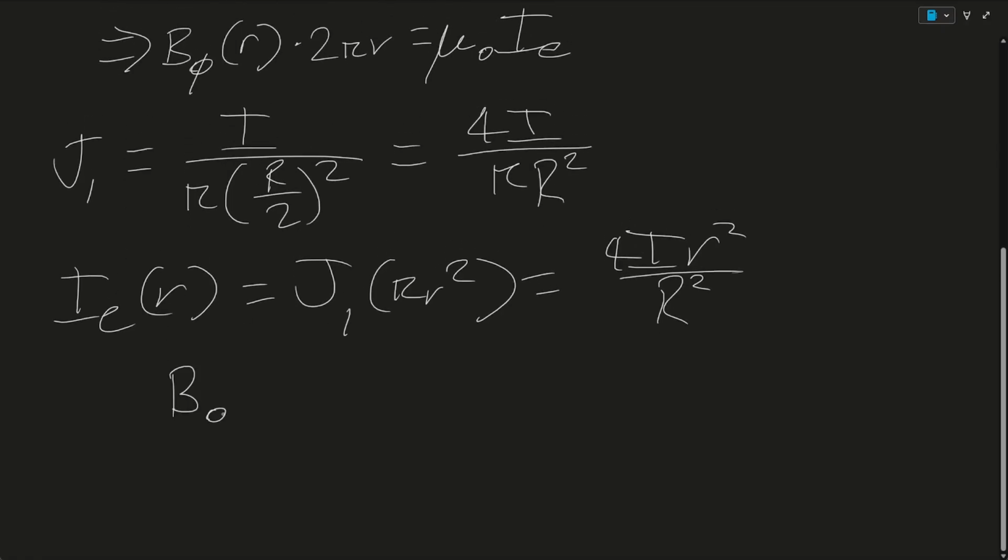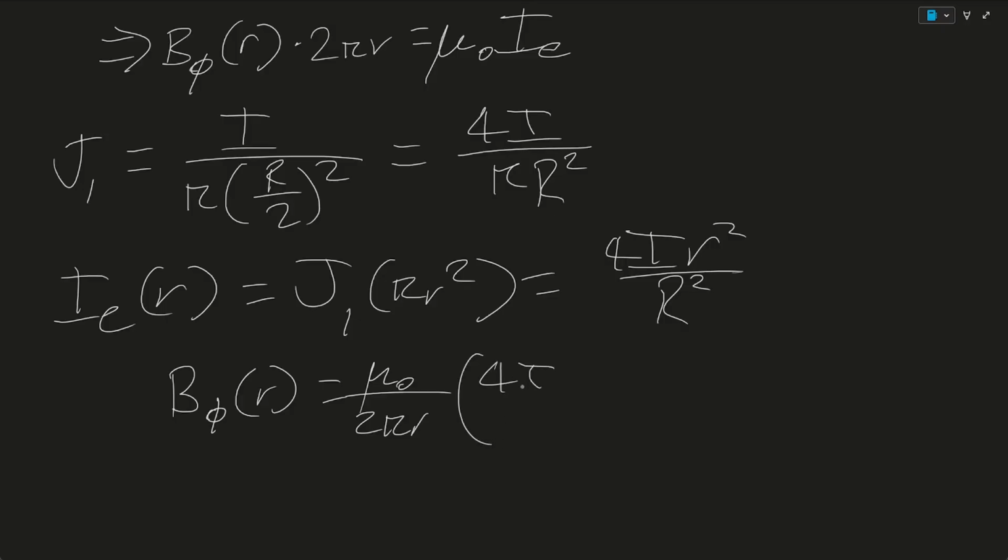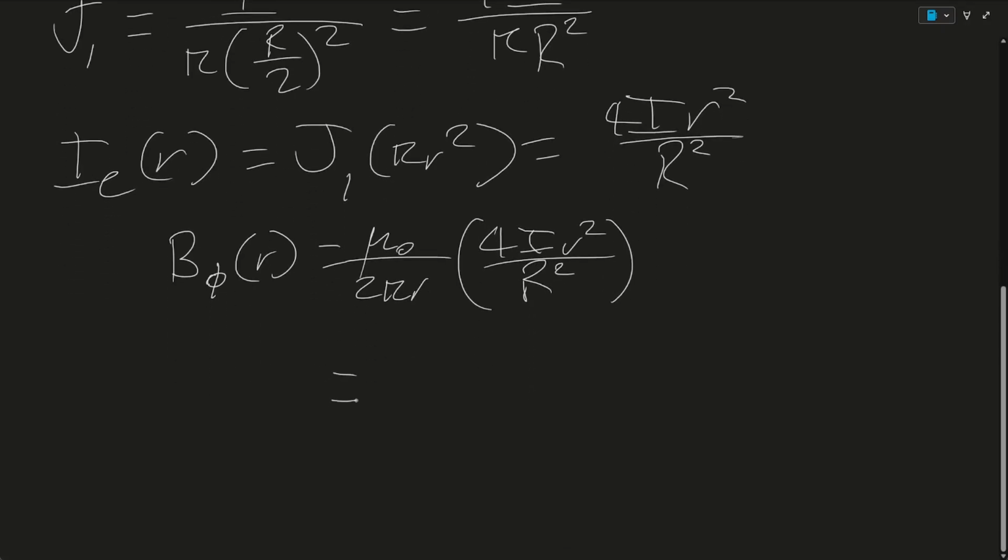Hence B phi of r is equal to mu naught over 2 pi r times 4I r squared over R squared, which is 2 mu naught I r over pi big R squared.